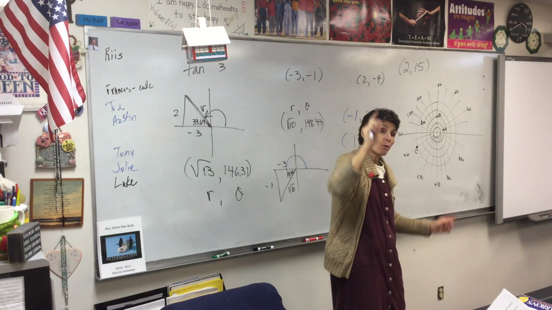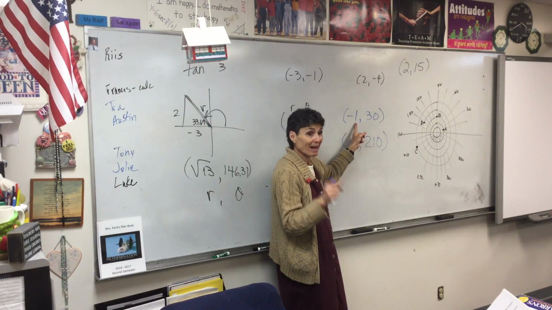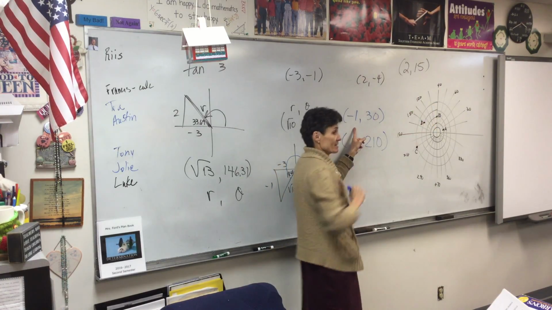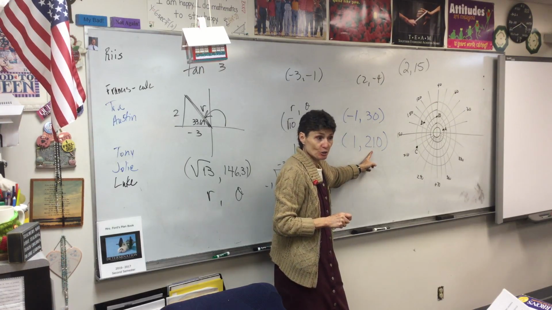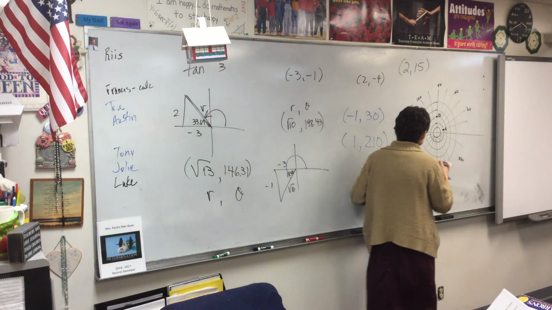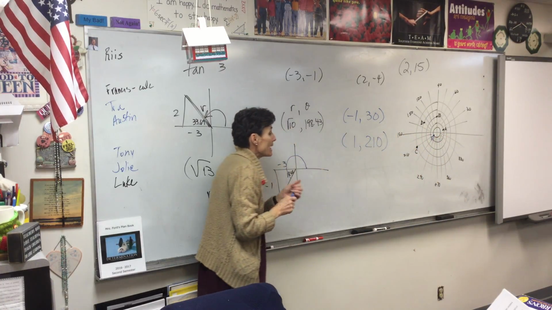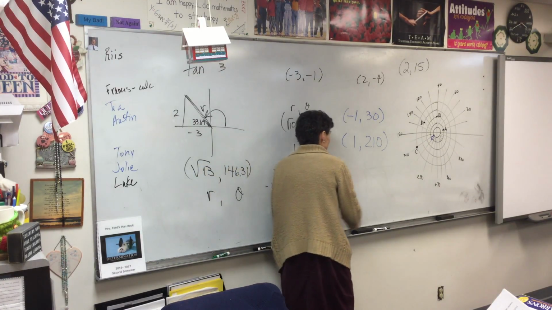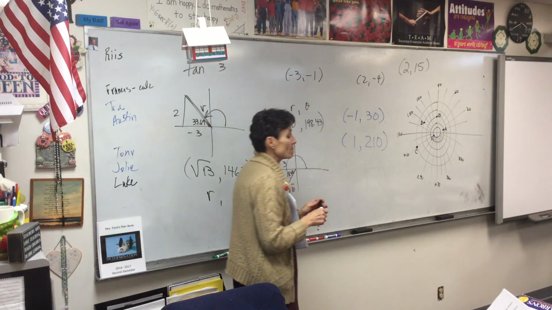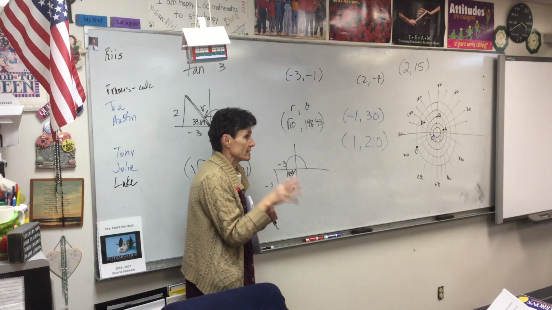So instead of putting it at 30, it's actually going to be put at 210. So point E is on the first circle at 210. Anytime your radius is negative, you're going to make it positive. And to make it positive, you change your angle 180 degrees.